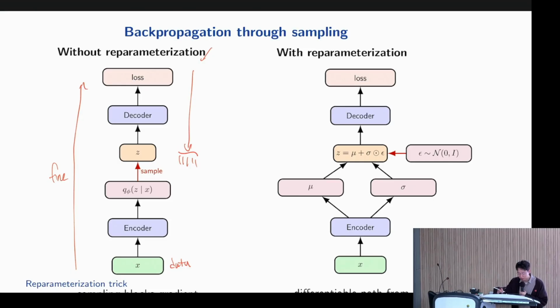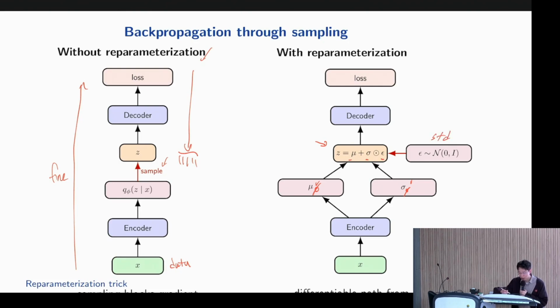But with reparameterization, you have encoder outputting mu and sigma, which are all functions of phi. Then we have replaced the sampling layer with this arithmetic. It's mu plus sigma times epsilon, where epsilon is standard normal sampling.